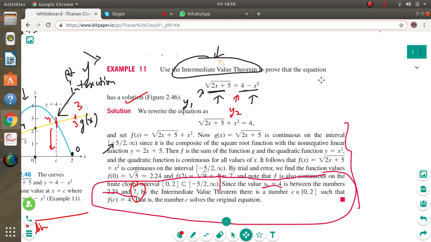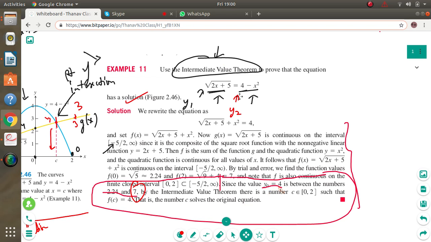Now, can we try and find the solution? You can use a calculator or something like that. You can find the solution, why not? But I don't think they have done it that way.